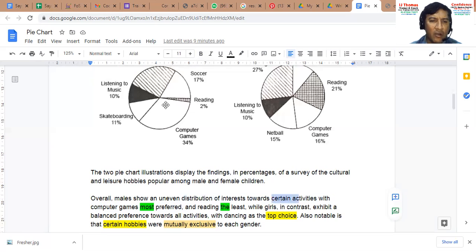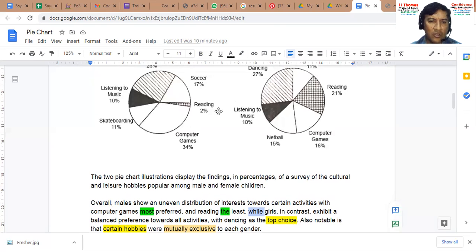And then you're saying how computer games the most and reading the least. While, when I'm saying while, I'm using a connecting word and I'm showing the contrast. So see, the task wants you to give contrast, so I'm giving a contrast. So boys, uneven distribution; girls, a balanced preference towards all activities with dancing as the top choice. See?